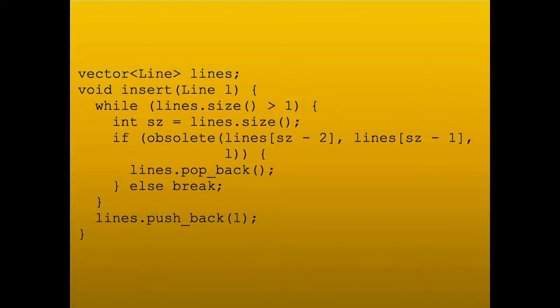When you keep popping, if it's not obsolete anymore, you stop and break, and then you insert the line into the stack. Oh yeah, we don't actually want to use a stack. We usually just use a vector, but when inserting, we treat it like a stack. Again, because when we query we want to binary search, and if you use an actual stack, we cannot do that. Okay. Any questions after this point?